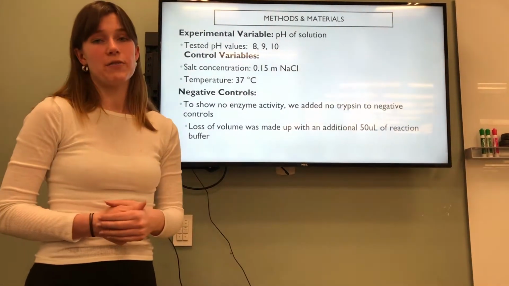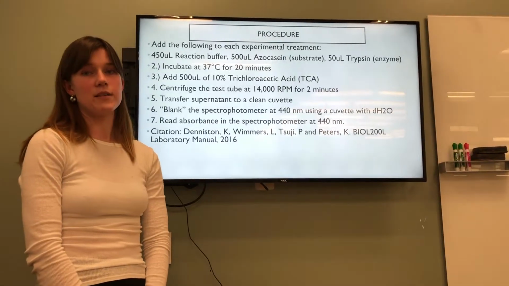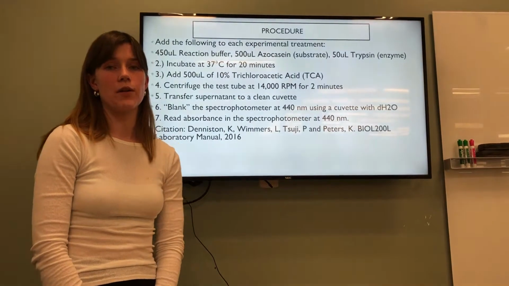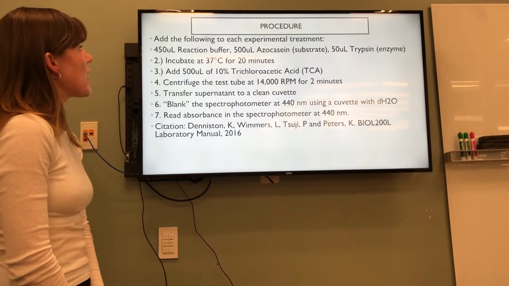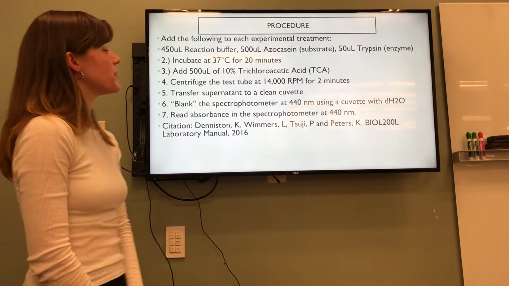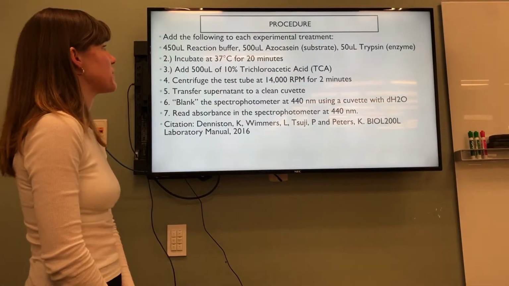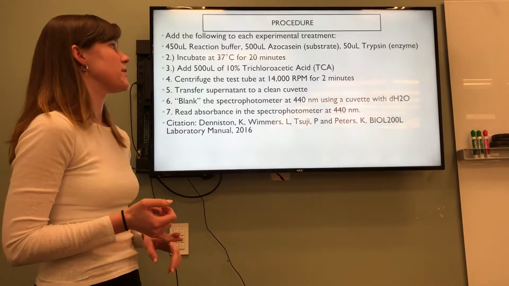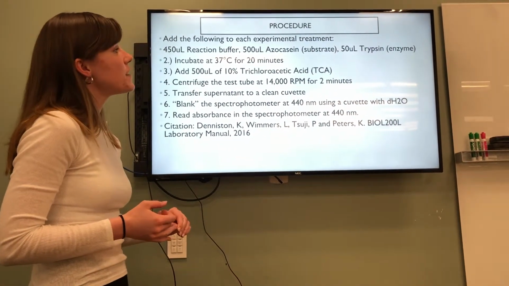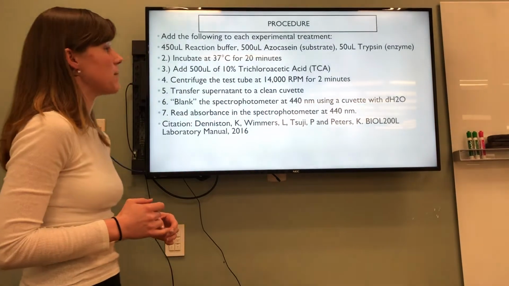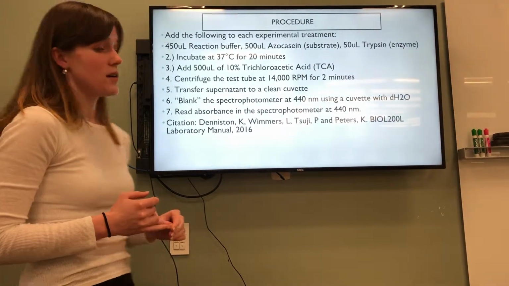As for the actual procedures of our experiment, for step 1, we added 450 microliters of reaction buffer, 500 microliters of azocasein, the substrate, and 50 microliters of trypsin enzyme into each test tube.